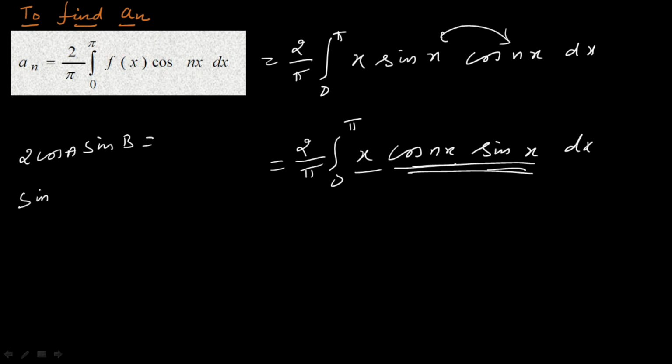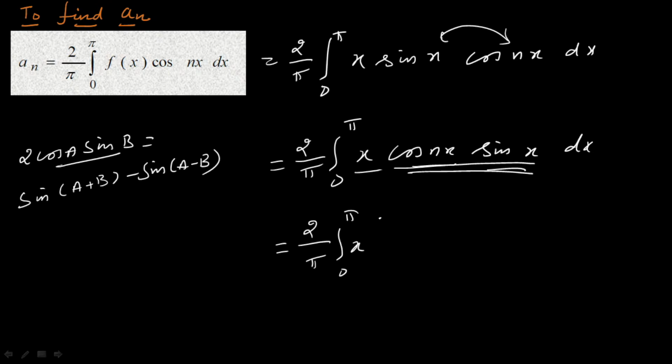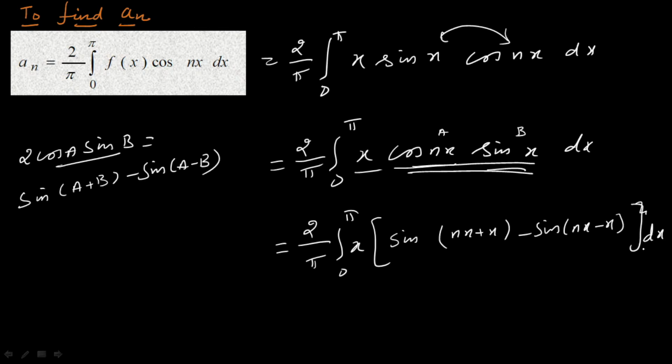That is equal to sin of A plus B minus sin of A minus B. But here we have only cos A sin B, so you take this 2 to the other side, that is 2 by pi integral 0 to pi x. So this is of the form cos A sin B. So sin of A plus B, this is your A and this is your B, sin of n x plus x minus sin of n x minus x dx.